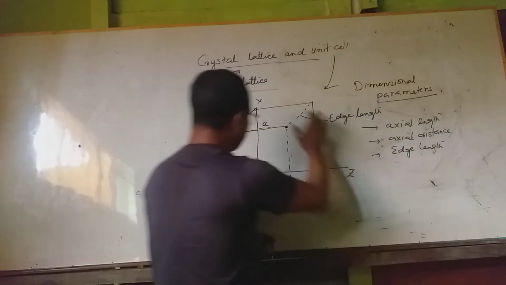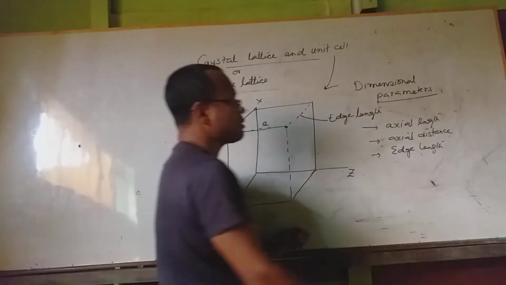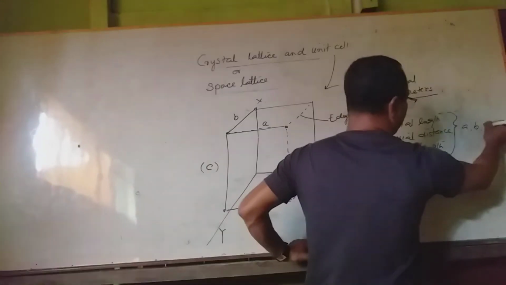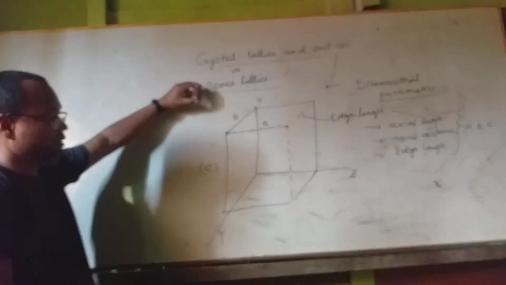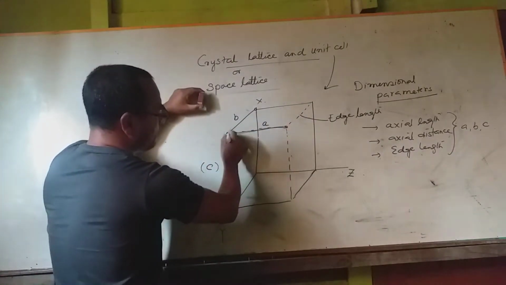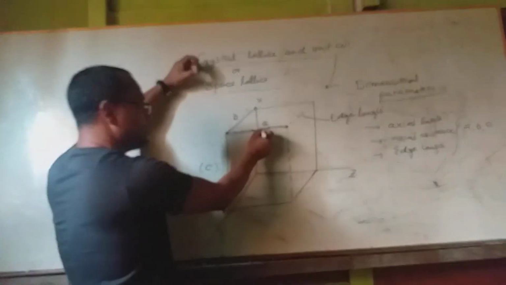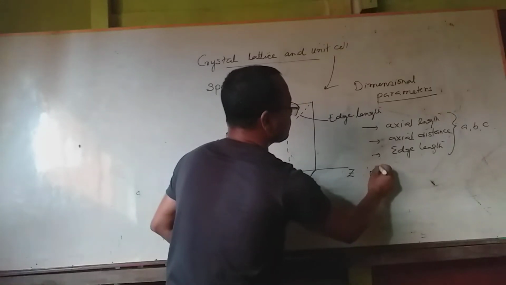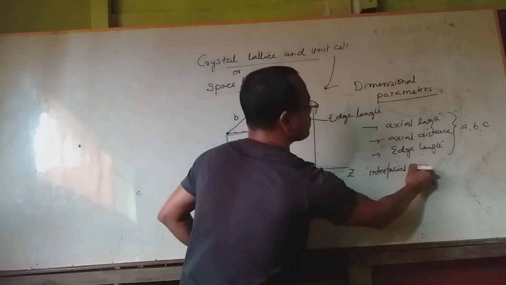Now since we have 3 sides, this axial length, I just mark it here, A, B, and C. And another dimensional parameter is this. This is one of the faces, this is another face. The distance between the two faces, I just write, is the interfacial distance.